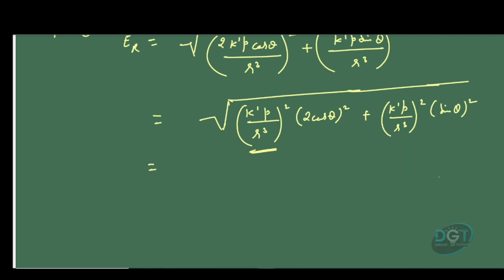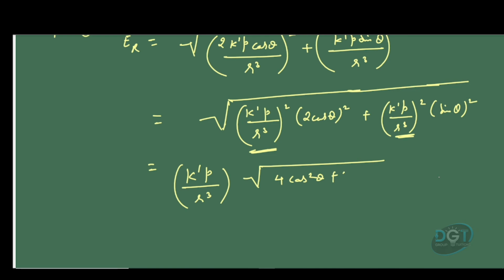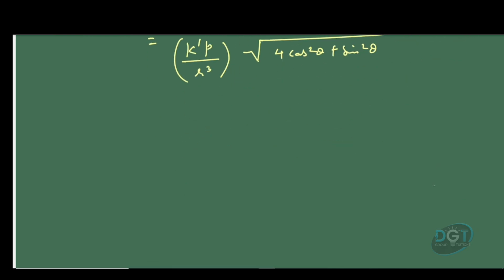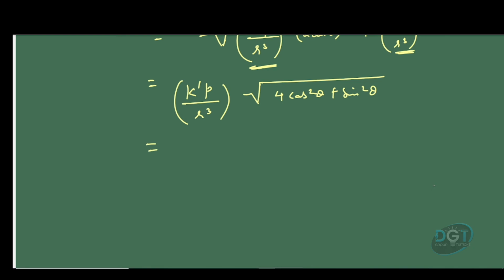Now we can take this term common from these two, and since they are already square, we can take them outside the root. So this would be k'P upon r cube into root of (2 cos theta) whole square, which is 4 cos square theta, plus sin square theta. And we also know that cos square theta plus sin square theta is 1, the basic trigonometric identity.